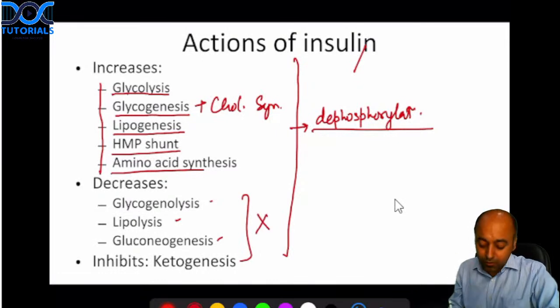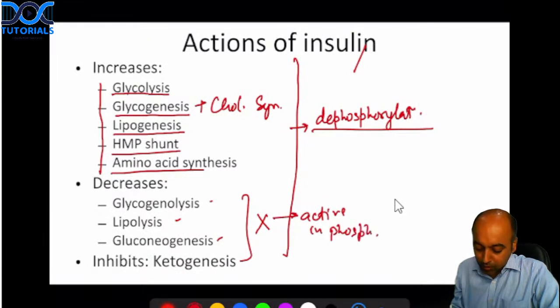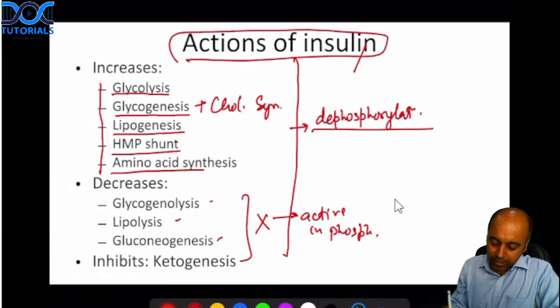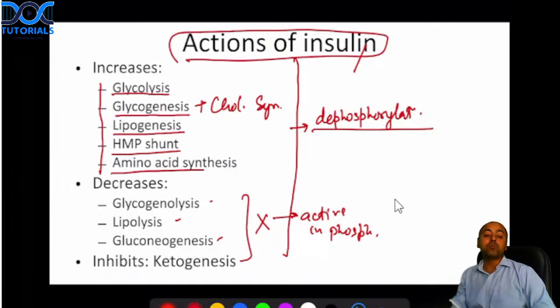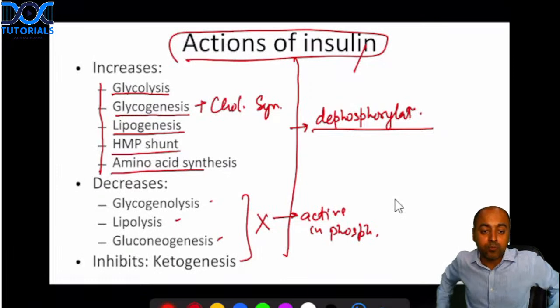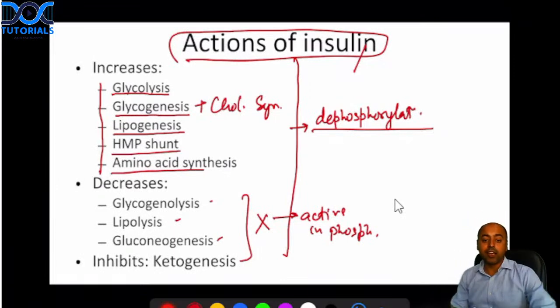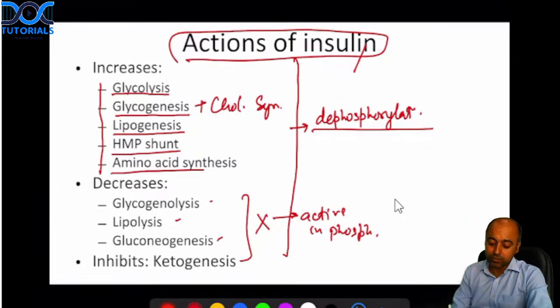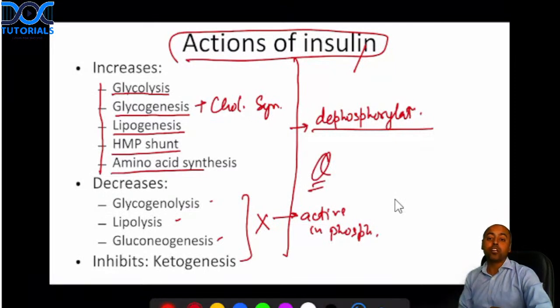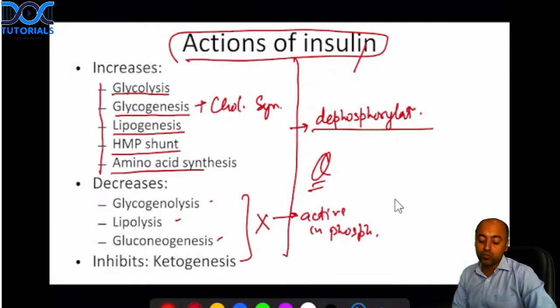They will be active in the phosphorylated form. So from here itself we are also getting the answer which enzymes are active in the phosphorylated form and which enzymes are active in the dephosphorylated form. This is another very important question for us which you have to keep in mind.